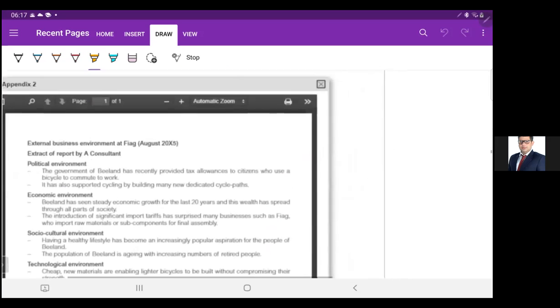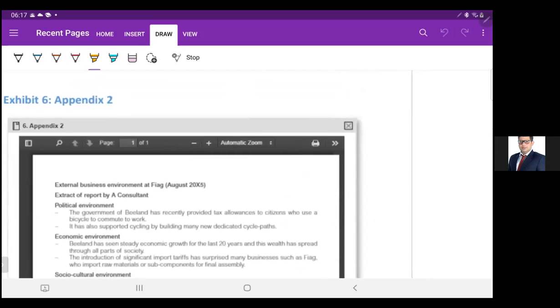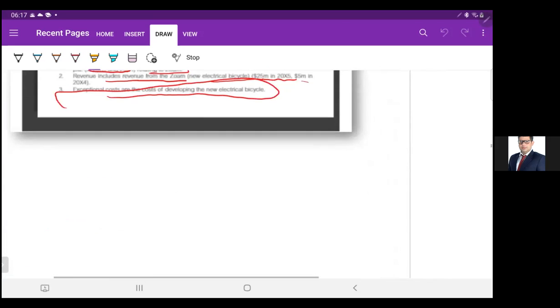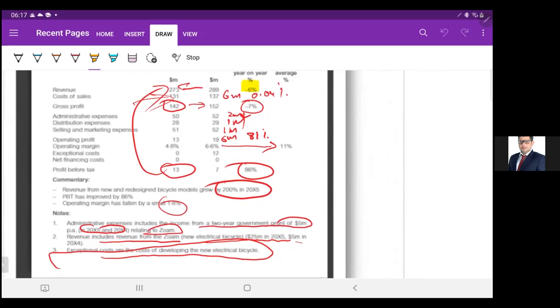It's not here. Then the objective seems to be not met. No reason. Reason, only 25 million are spent and 5 million from the electrical bicycles, right? That's the main reason. And exceptional costs are zero.